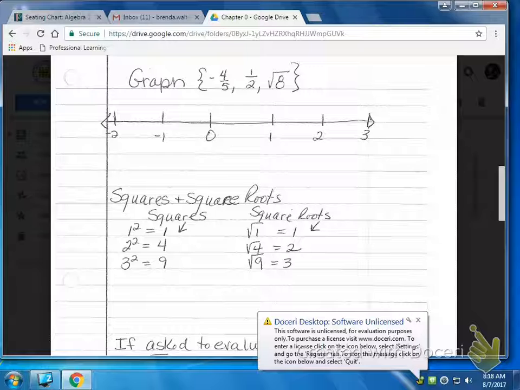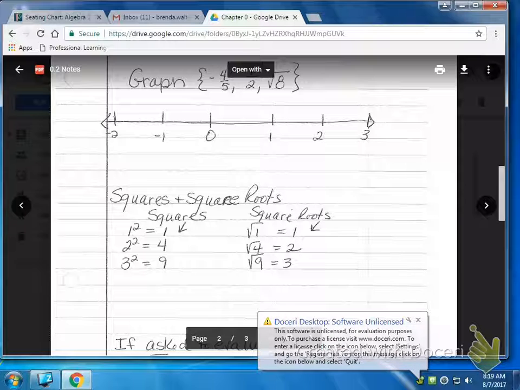Emily? Yep, it would go here, so 4/5 of the way. So it would go about right here. I'm going to go ahead and put this up above it.